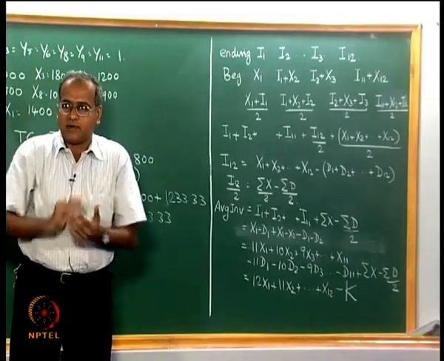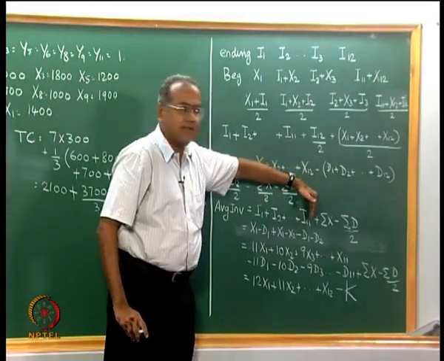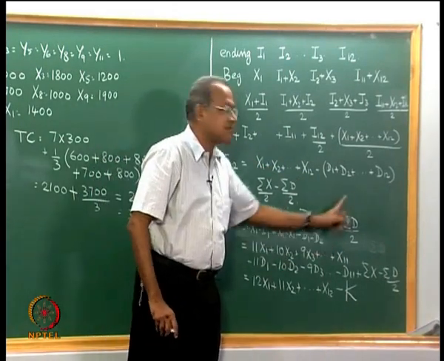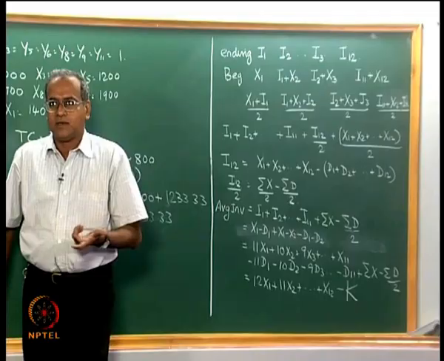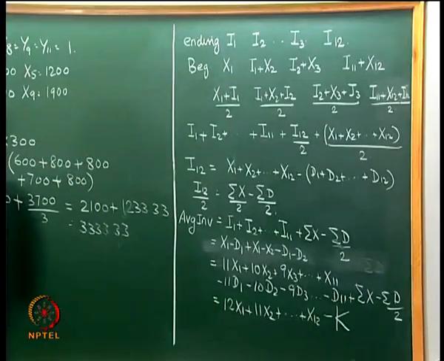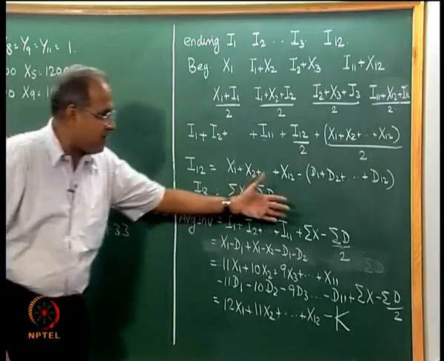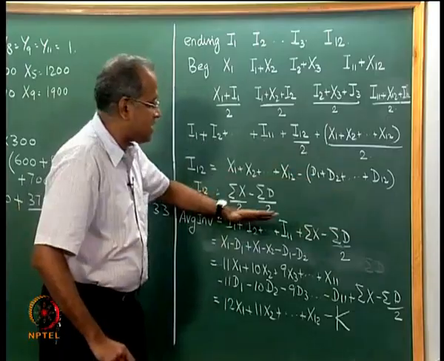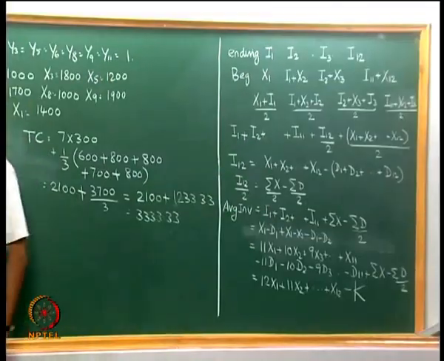So it is enough if we do up to I11. And by the same reason we will realize that sigma x will be equal to sigma d, because when the initial inventory is 0 we will not buy and then finally keep it as final inventory. So this term will essentially become a constant. So average inventory would also lead us to the same value for ending inventory.